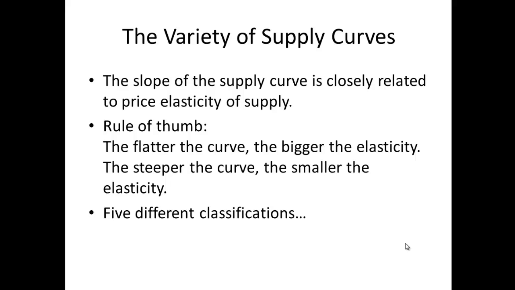The bottom portion is going to be more elastic than the upper portion, because as you go higher on the supply curve, because of capacity, the supplier is going to be constrained or limited in how much he or she can supply of their good or services, especially in the short run.